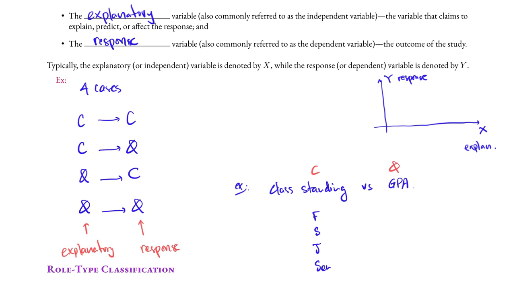If anything, we would have a list of students and we would ask them their class standing, whether they are freshman or sophomore, junior, senior, and then we would also ask them their GPA, and we record these results. The class standing in this case will play the role of the explanatory variable, and the GPA will play the role of the response variable.